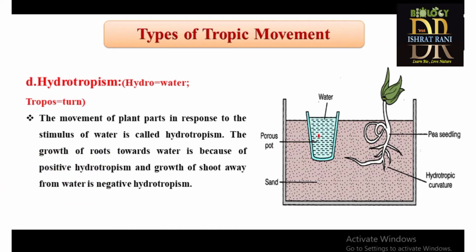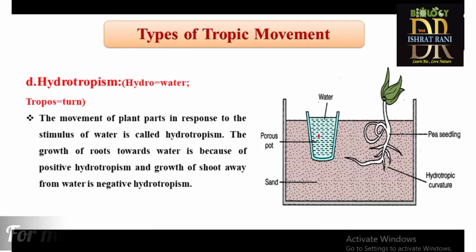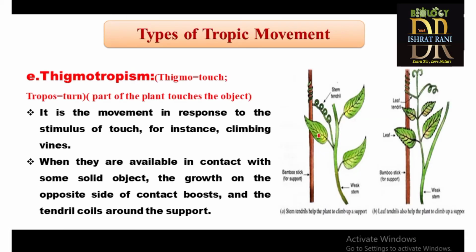This is because roots are always positively hydrotropic and negatively phototropic.